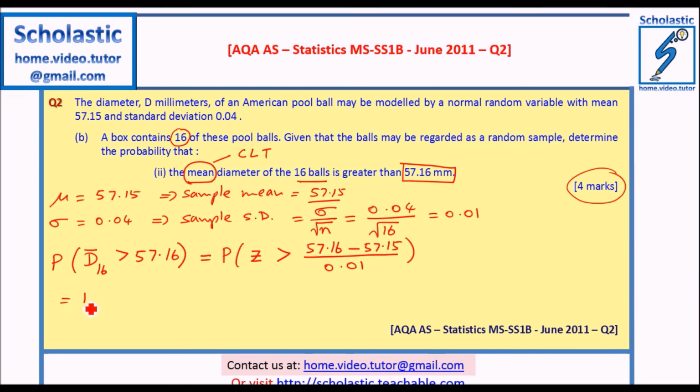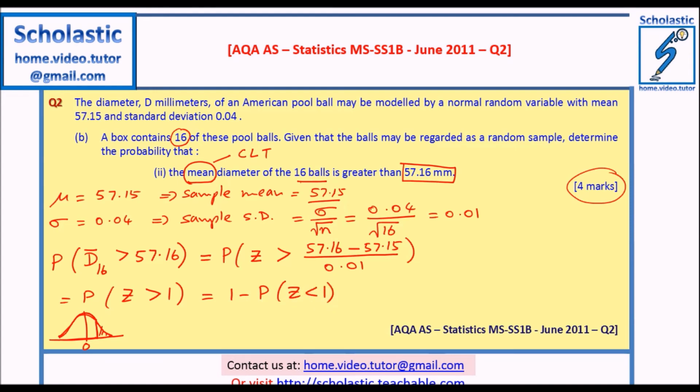So which is equal to the probability of the new variable z greater than 1. Again we have a condition where we have to find the probability of z greater than 1. So the mean is 0 and 1 is somewhere here. When you read the table we can only see this area, so what you do is 1 minus the probability z less than 1.